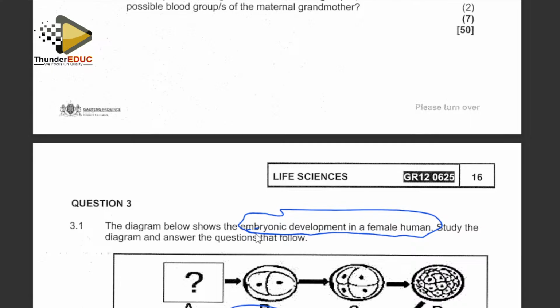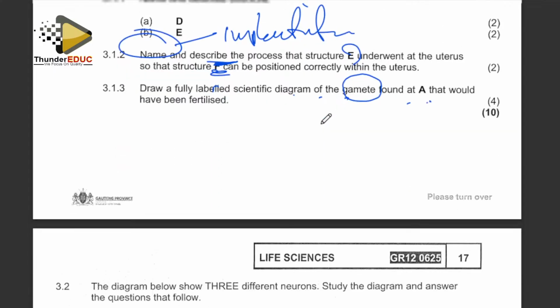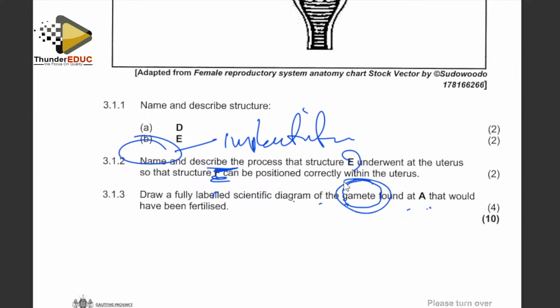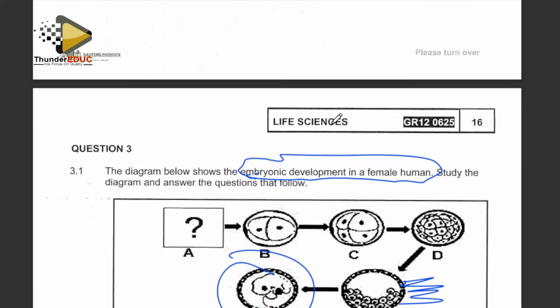Therefore, we're going to go with that. First of all, let's analyze. They say the gamete. We come back here. This is not a gamete. If you look for the first step, it is the zygote. But the zygote is not a gamete. No, it's the resultant structure when the two gametes fuse.